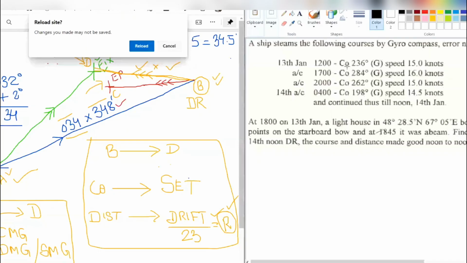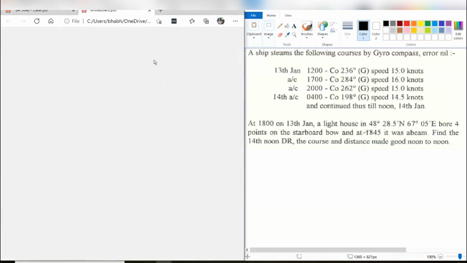Okay beta, so you can see a question on the right side of the screen. This is a question something like what you were talking about. They give you a reference of the lighthouse and then you have to find your position. In this question, they say a ship steams the following courses by gyro compass. The error is nil, so basically it's quite simple. These courses are true courses.